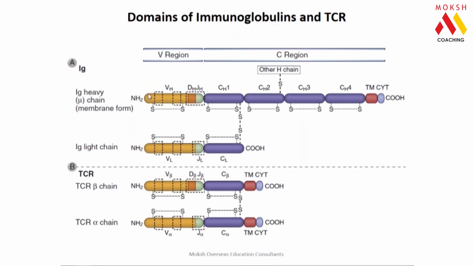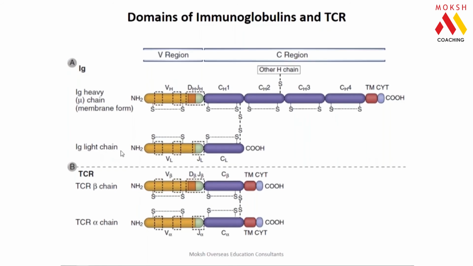The light chain of the immunoglobulin is also very similar in structure to the alpha chain of a T cell receptor. The heavy chain is made of different gene segments: the variable region, the diversity region, and the joining segment. There are so many different V, D, and J segments, and we recombine them in so many different ways, like a D6 coming next to a J2, next to a V20.